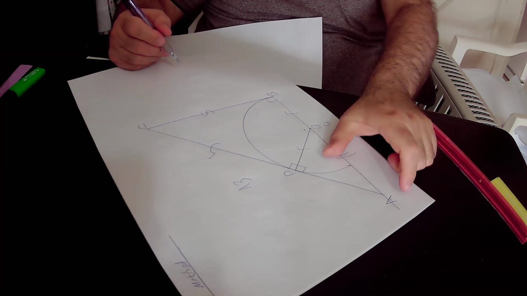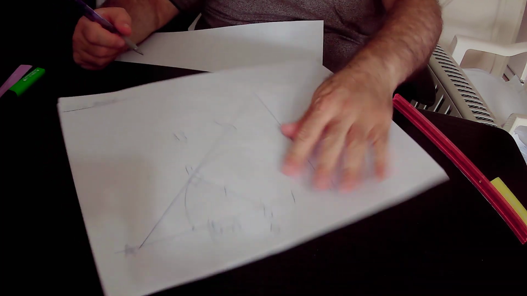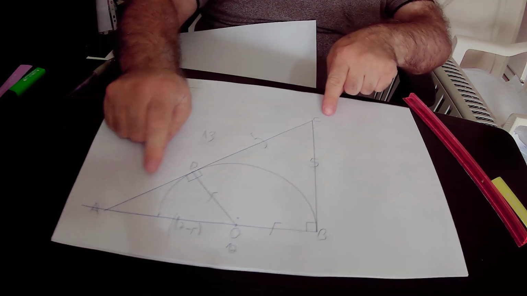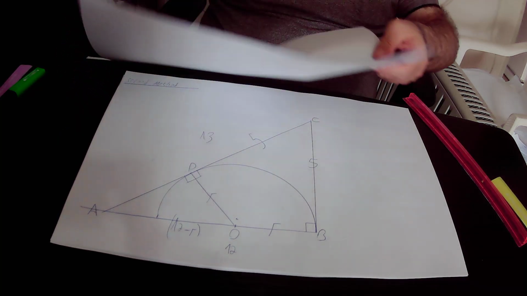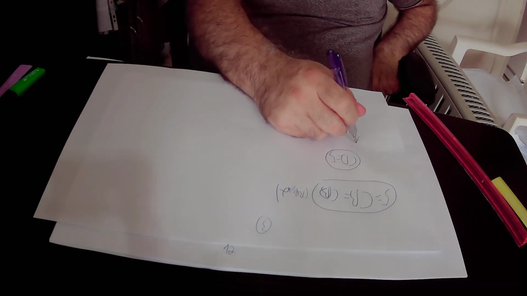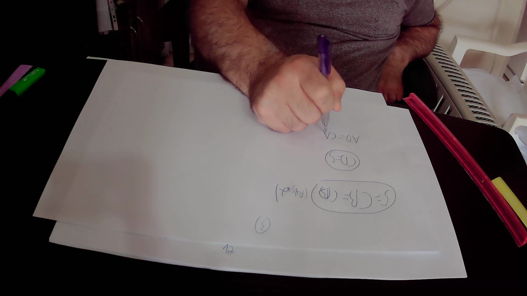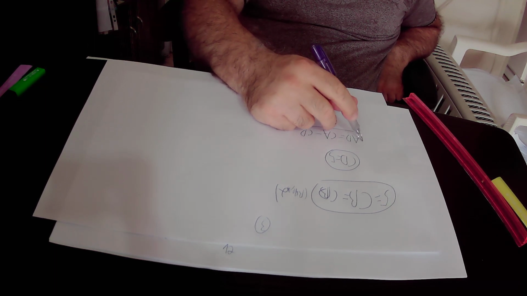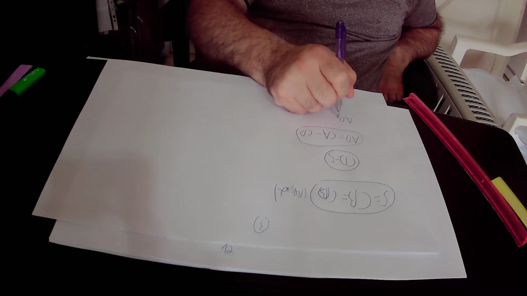And what is the value of AD? You can see from the drawing that AD equals CA minus CD. So AD equals CA.